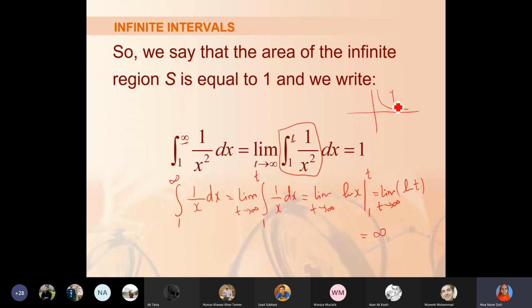This is the graph of y is equal to 1 over x, and I have to evaluate it from 1 to infinity. So this is infinite, but my integral of 1 over x square is finite. Why is it so?